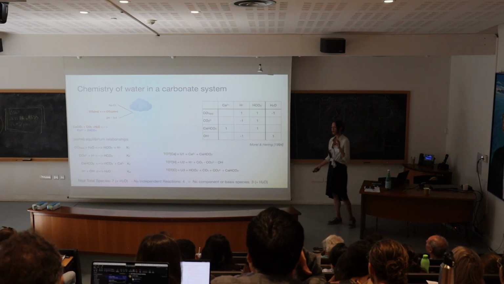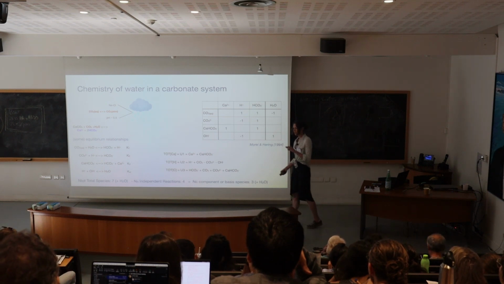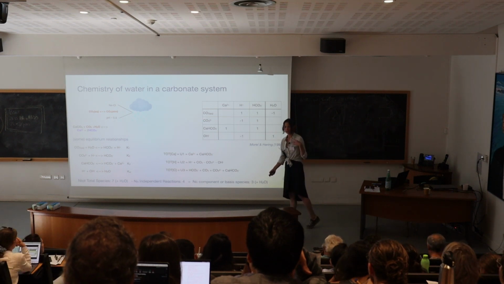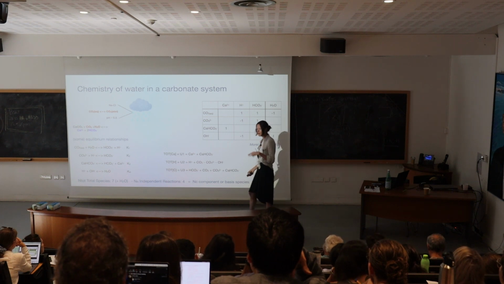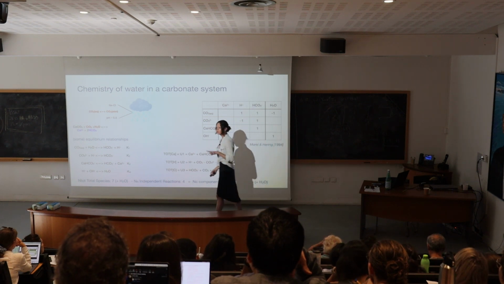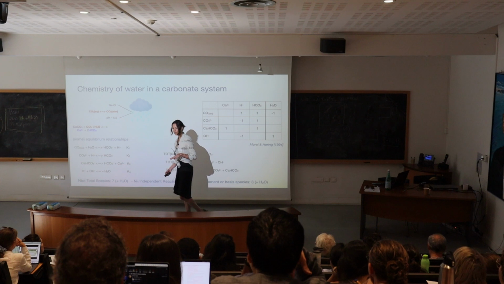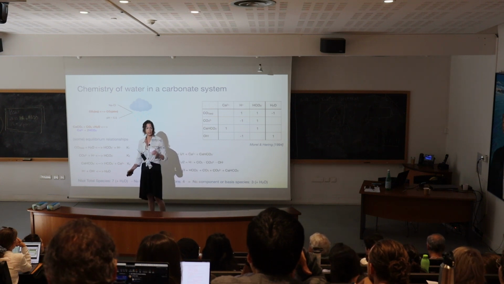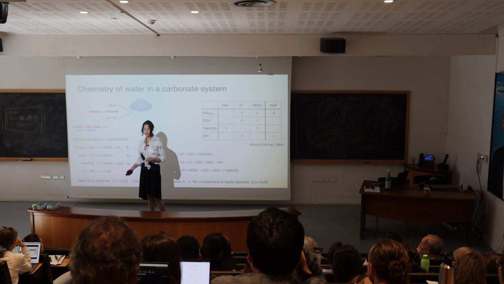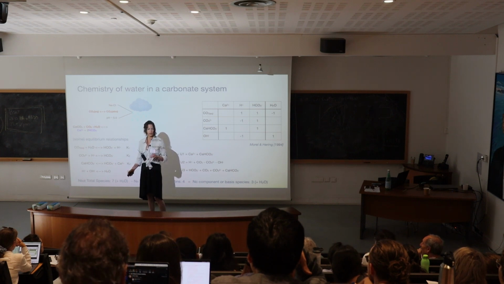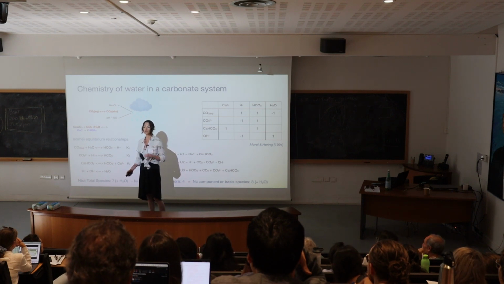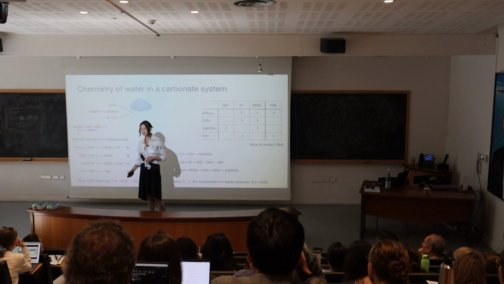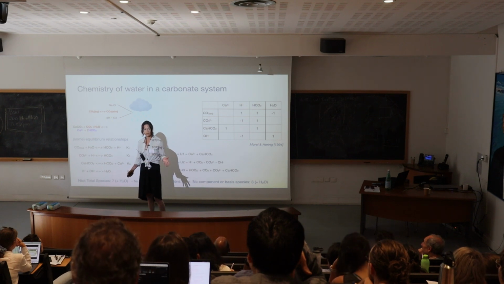So, what I want to say to you, if you've zoned out, come back. In modern multi-component reactive transport software, the vast majority of it, we do not advect or diffuse chemical species. We do not transport chemical species. We transport primary components. That's how they work. Okay?